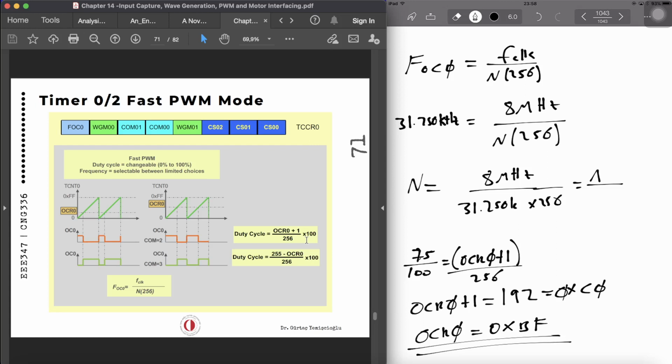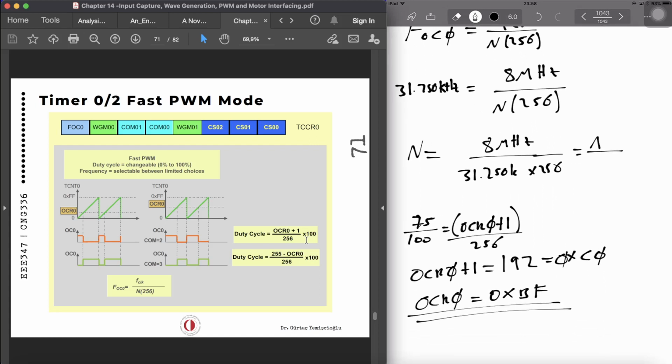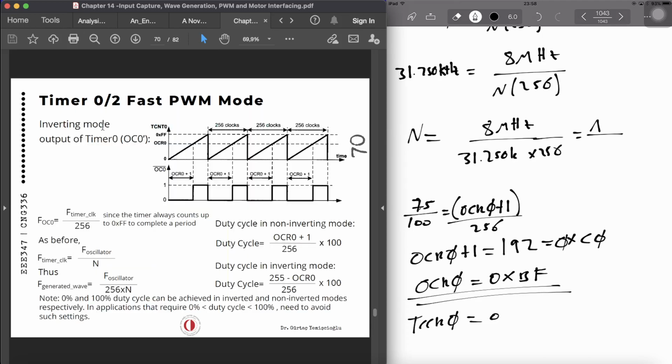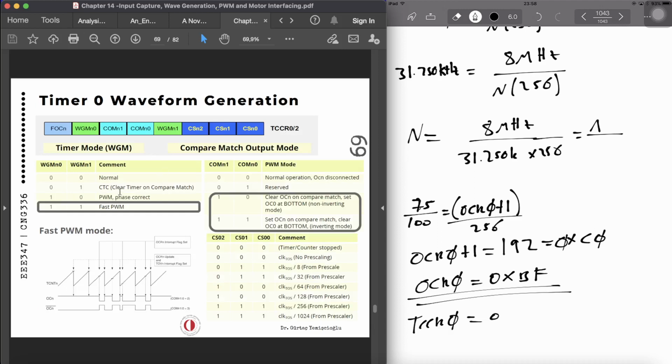And also we need to configure TCCR. So the TCCR is going to be what? TCCR0. This is going to be 0. We don't need to force anything. WGM modes, we can go back to check it. WGM modes, it's going to be fast PWM, so 1 and 1.